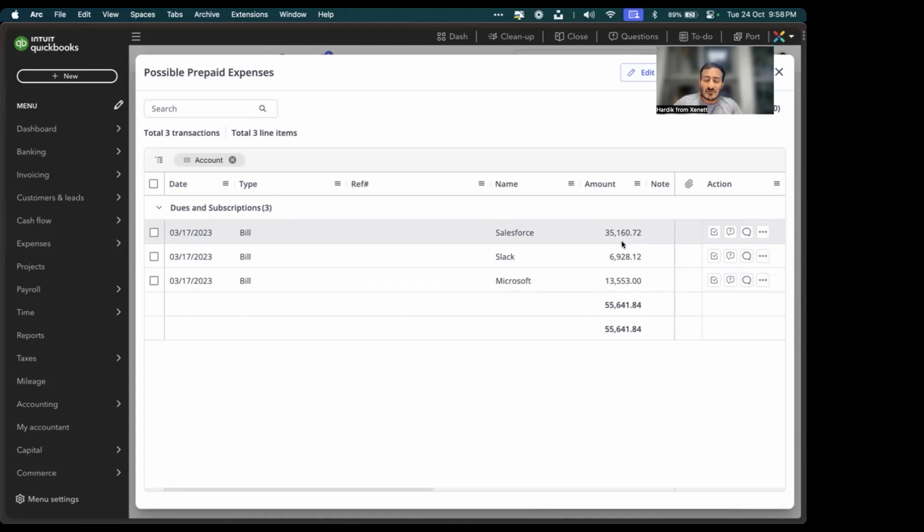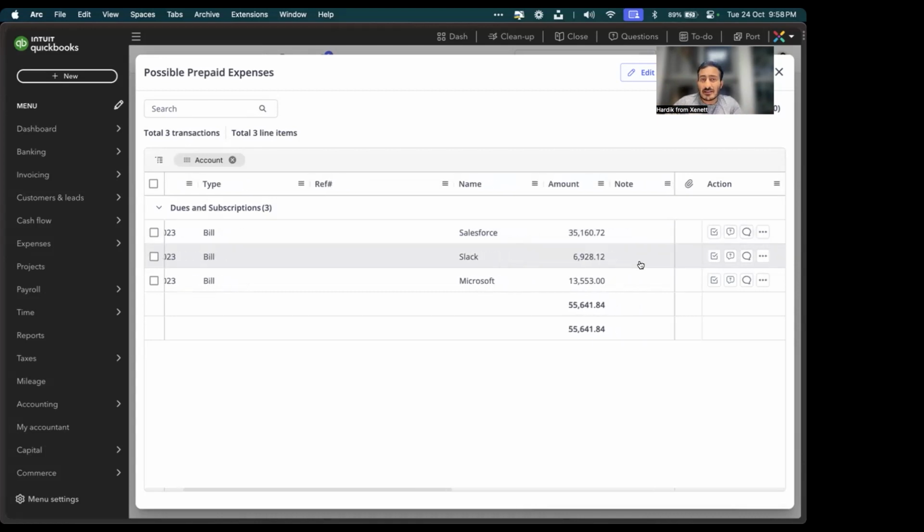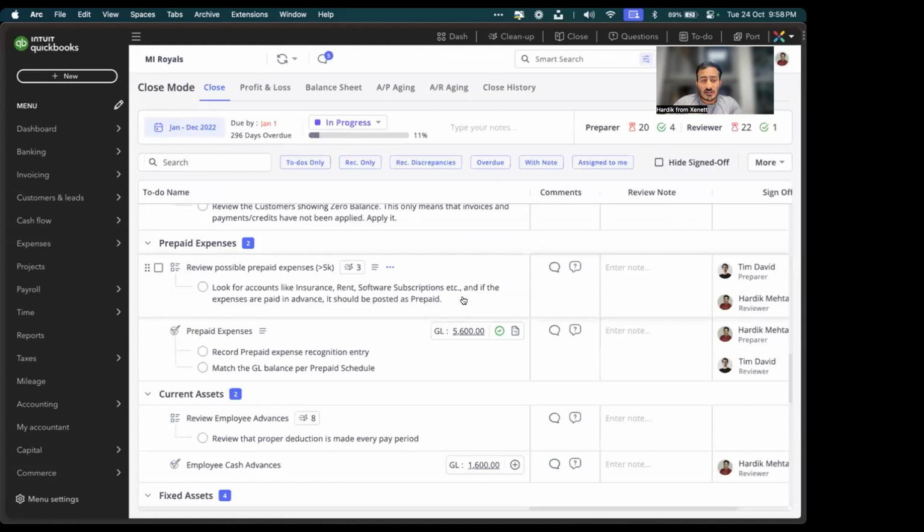If I have any document, I could open it up and see if this expense covered more than a few months, a long period. Then we can say whether this is a prepaid expense or not. So this is a point I have created here. If I see 0 here, it means there are no transactions eligible for prepaid expenses. So that's the number one point that I check.